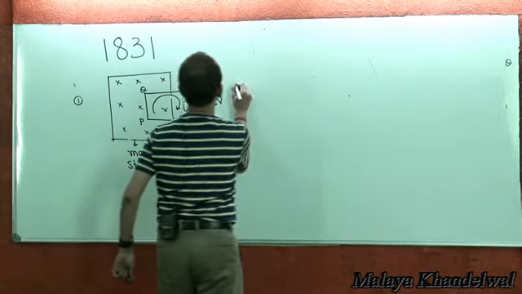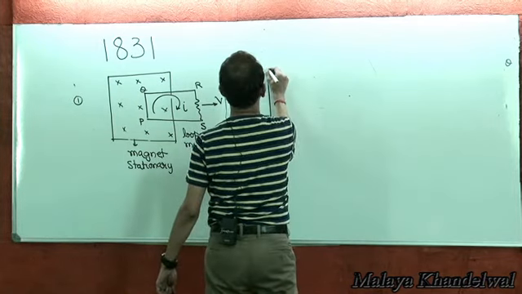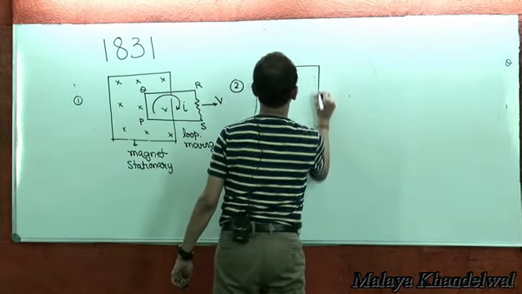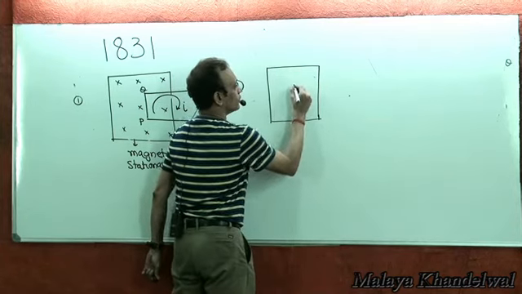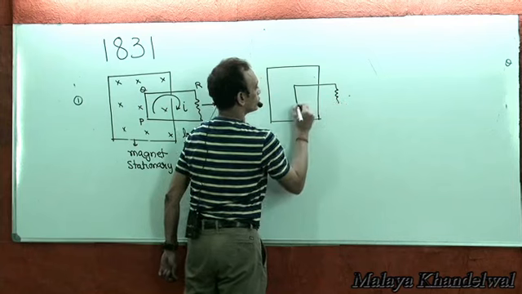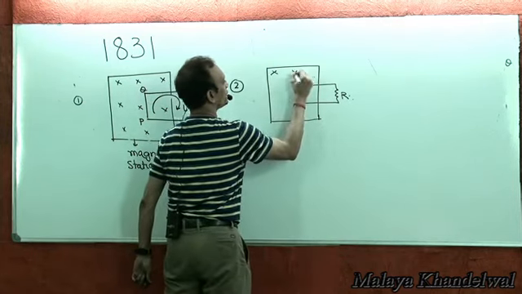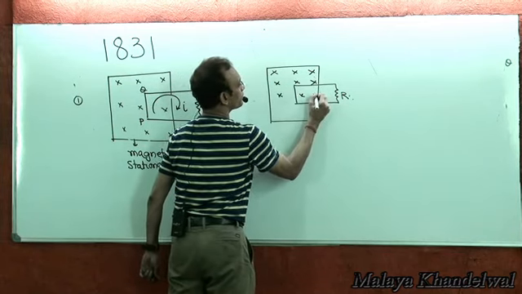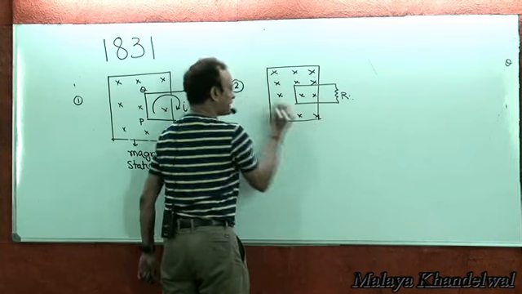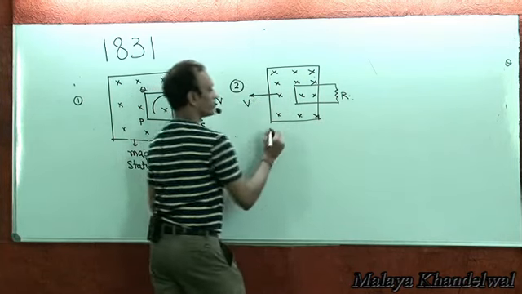Now, experiment 2. This was the magnet. This was the loop. And this time, the loop was kept stationary and the magnet was moved to the left with a velocity v. That was experiment 2.